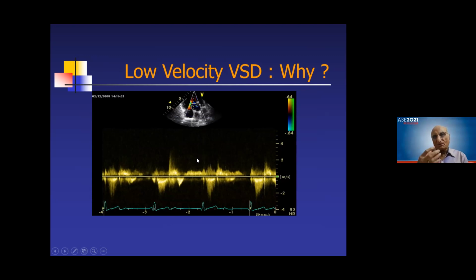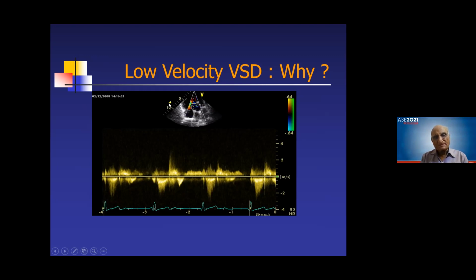In a normal VSD, the RV pressures are much less, so the LV pressure is much more. As a result, there is a very high velocity flow from the left ventricle to the right ventricle. But here, because there is a large VSD with a significant increase in right ventricular pressure, there is a very low velocity flow.